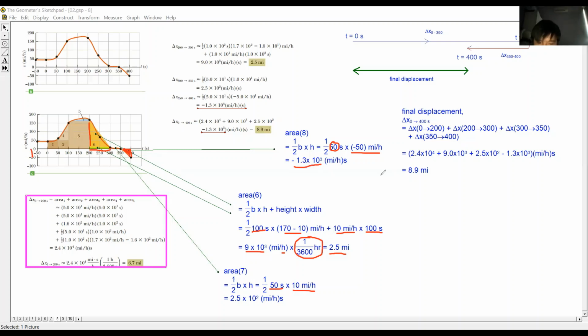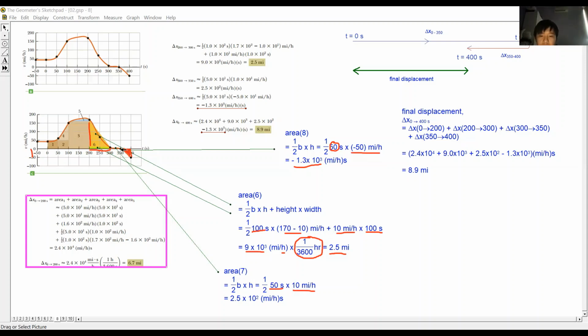Now, the negative displacement here means that the object is moving backwards. After moving a certain length from 0 to 350, they keep moving forward, right?